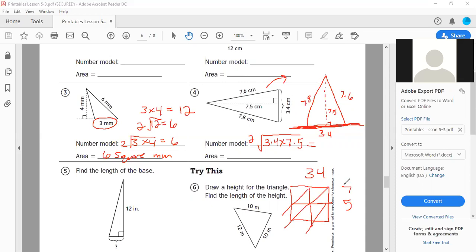Then you do 3 times 7, 21, 4 times 7, 28, 4 times 5, 20, 3 times 5, 15, and then just bring them down diagonally. 0, 8 plus 2 is 10 plus 5, 15. Put a little 1 up here. 1, 2, 3, 4, 5, and then a 2. All right, so it's going to equal 2, 5, 5, 0. And now I just need to figure out where to put the decimal.